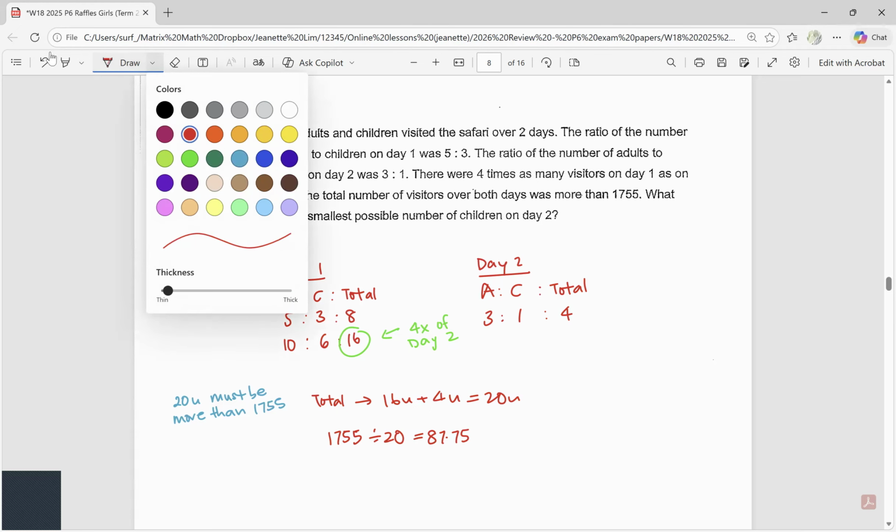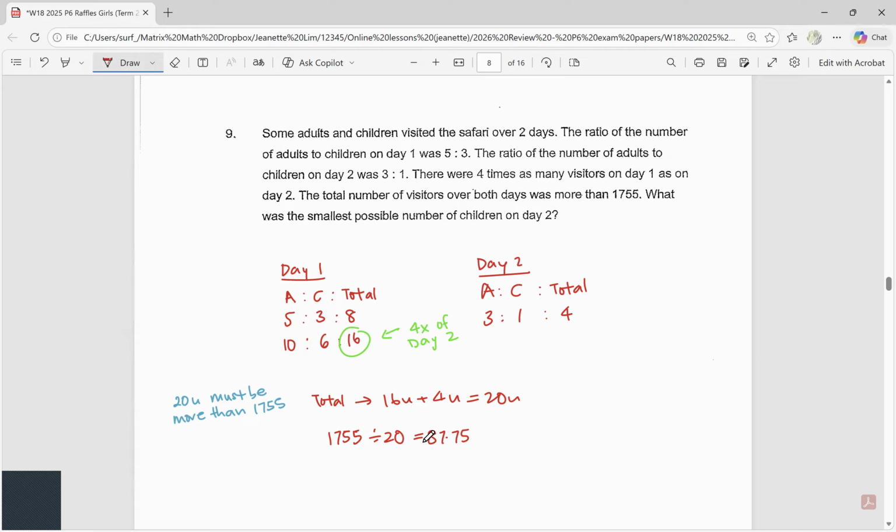So when we divide it by 20, 1 unit must be more than 87.75.